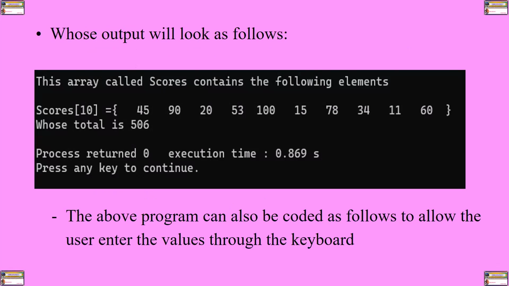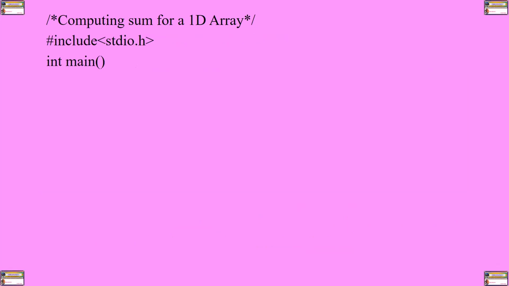So the above program can also be coded as follows. In other words, my dear students and the rest of the learners, instead of initializing the array with the elements, you can also allow the user to key in the elements himself or herself through the keyboard. So what we do to this program is just change this part here.